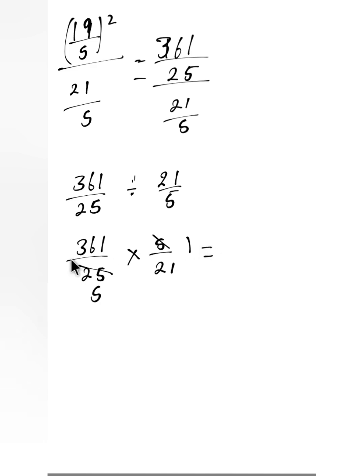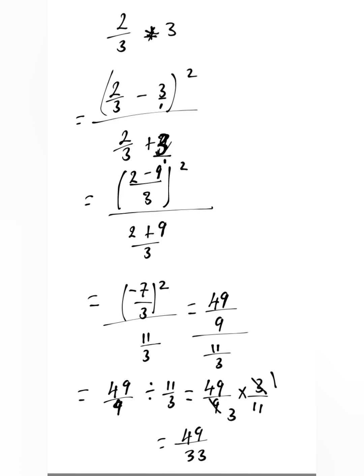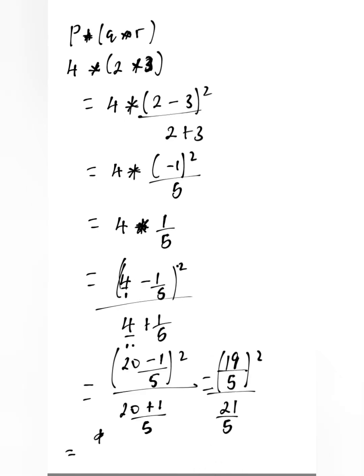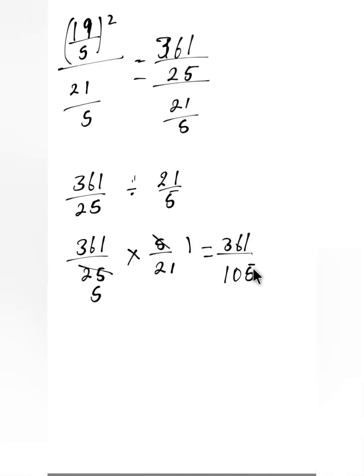So we are left with 361 times 1, which is 361, over 5 times 21, which is 105. Hence, it's not associative because the first part we have 49 over 33, and the second part we have 361 over 105.